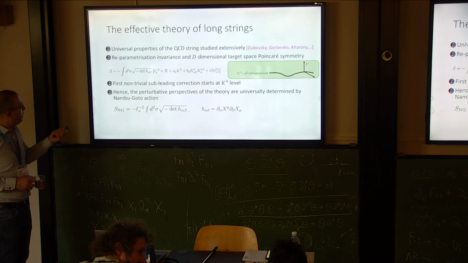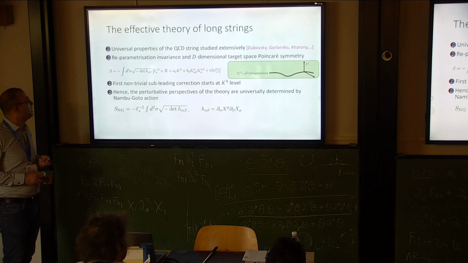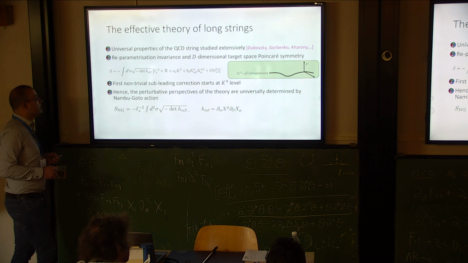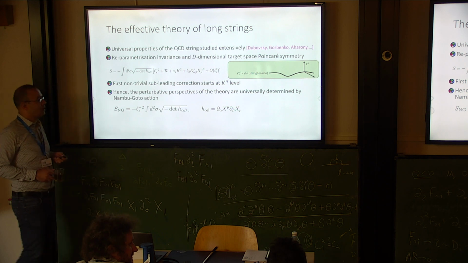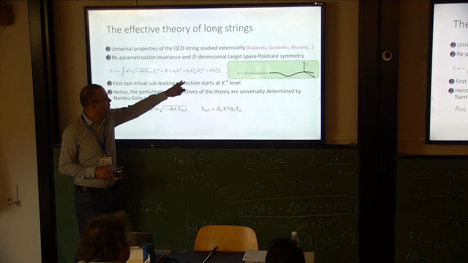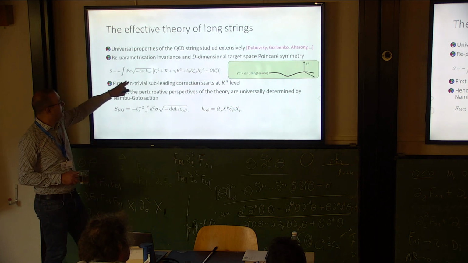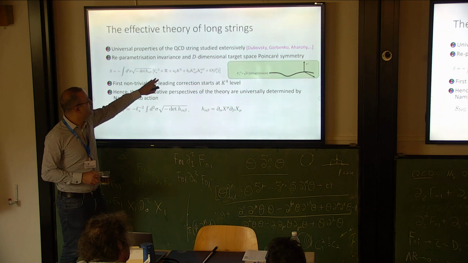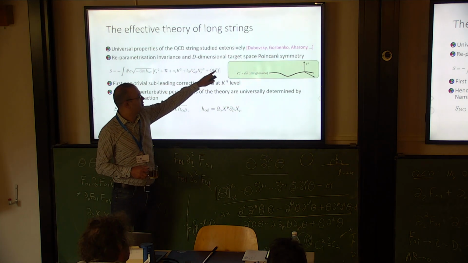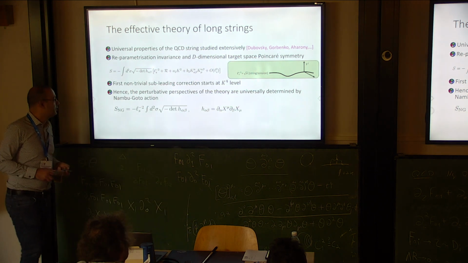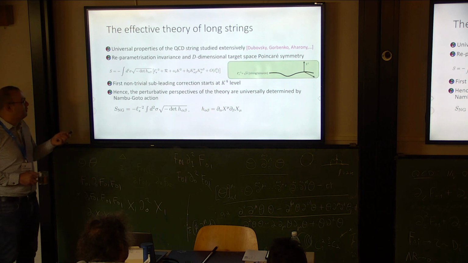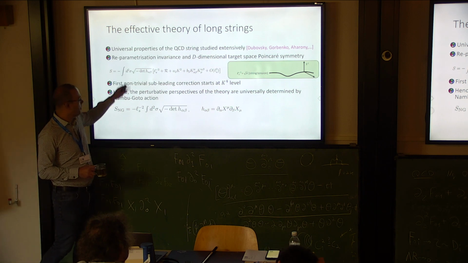So basically, we are able to identify the universal properties of the Qs in this string. Now, by imposing reparameterization invariance and d-dimensional target space Poincaré symmetry, one can write the most general form of a bosonic action. These terms here basically vanish, and the subleading term appears at order ls to the power of 2, and therefore the perturbative properties of the theory can universally be determined by just the Nambu-Goto action.